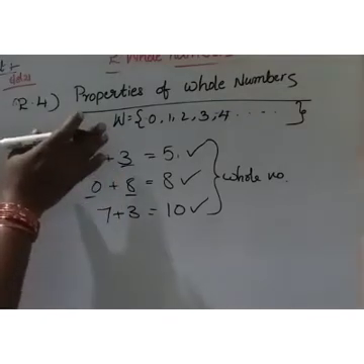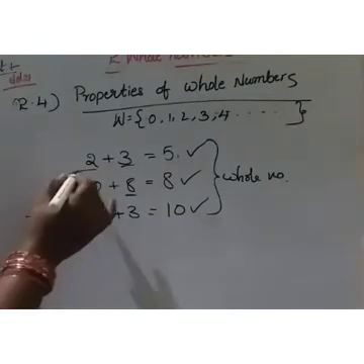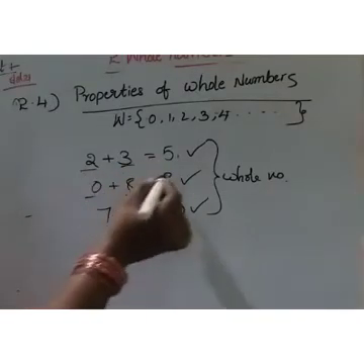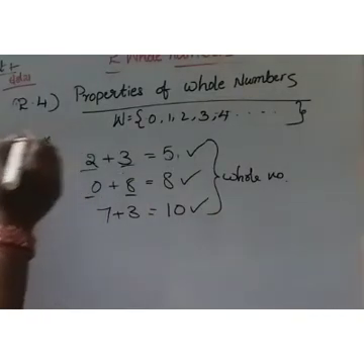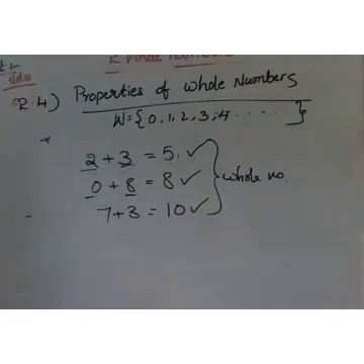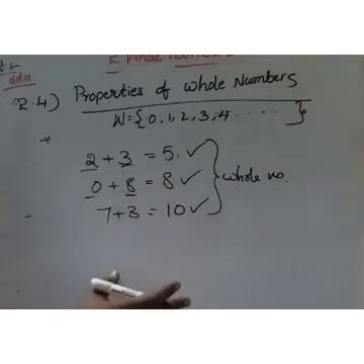When we take any two whole numbers, we get a whole number. This is the closure property of addition for whole numbers.